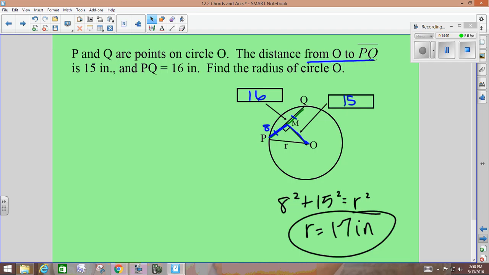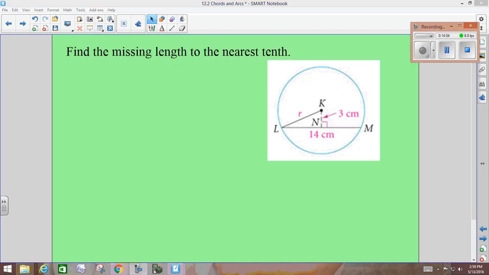Go ahead and do the next one. Lens, did you get the second one on the back side? I'll give you a second. Yeah?